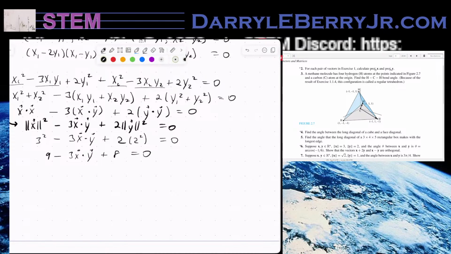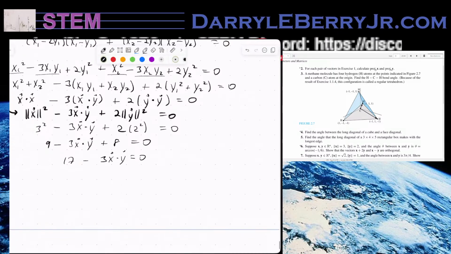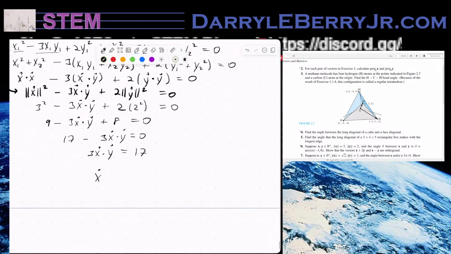So we have 17 minus 3x dot y equals 0. So 3x dot y equals 17, so x dot y equals 17 over 3.